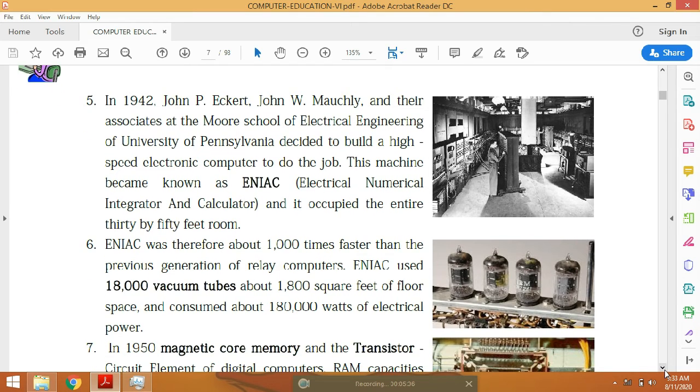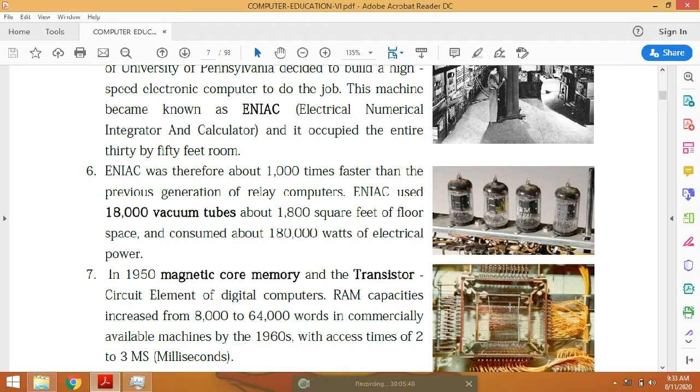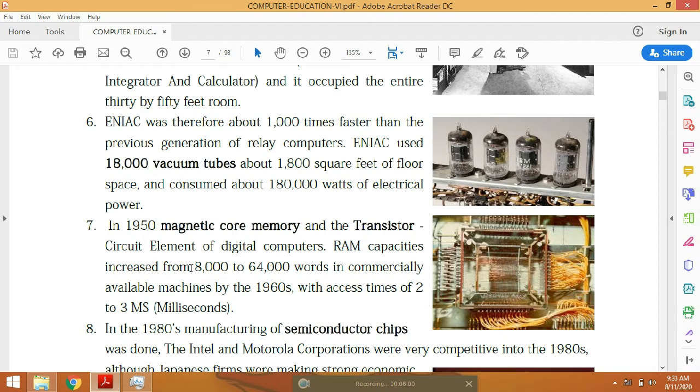Now, after ENIAC, there were more discoveries and inventions regarding the computer to speed up the devices. They started using different techniques. They used vacuum tubes, which are used to transfer the data from one place to another.